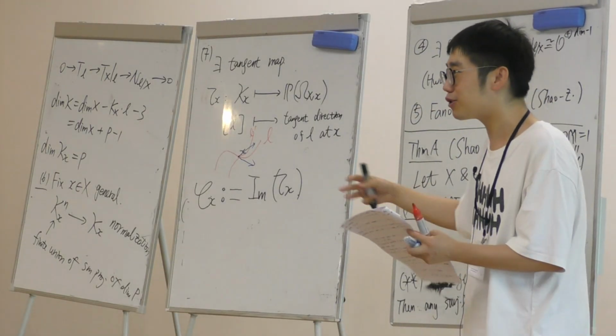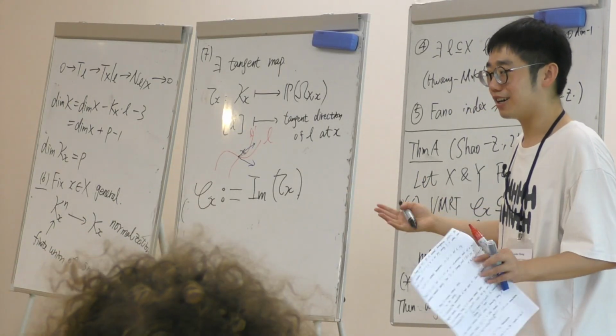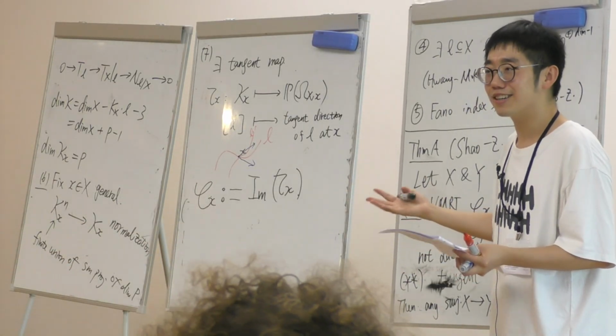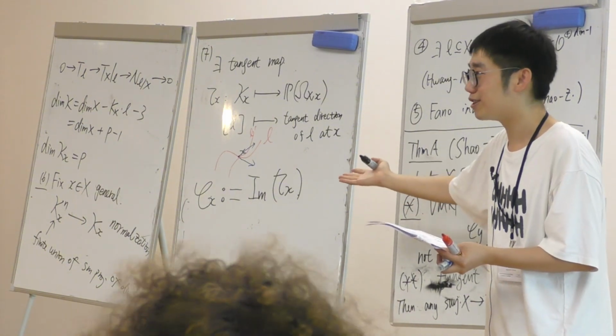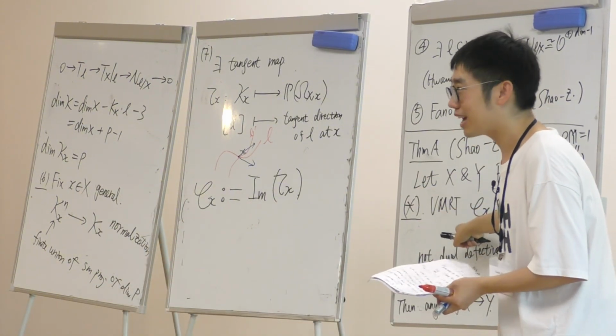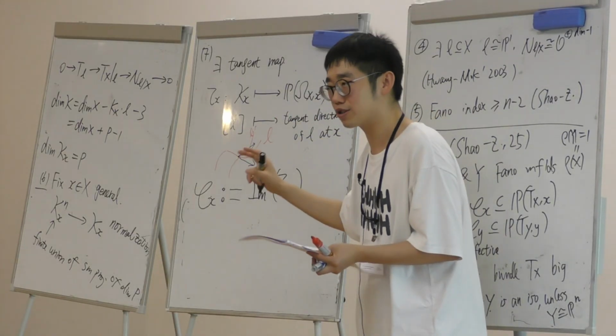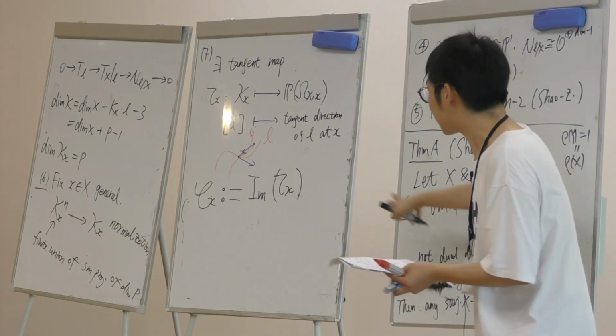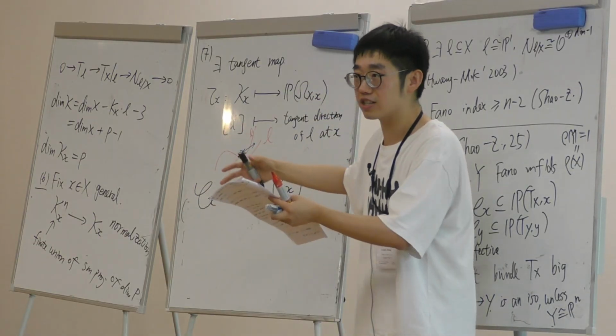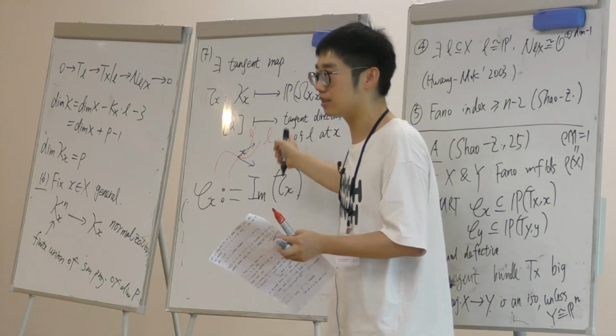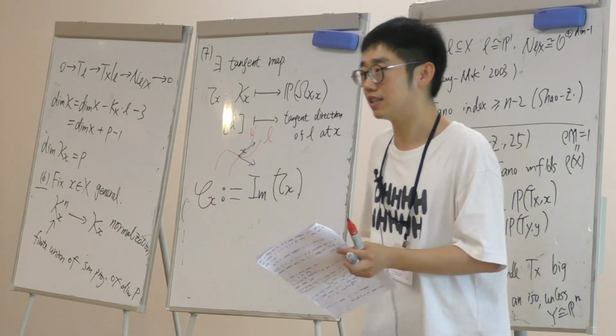It actually gives a very clear notion for this definition, because minimal rational tangents means the tangent direction of every minimal rational curve. So we collect all of those tangent directions together to obtain this VMRT.